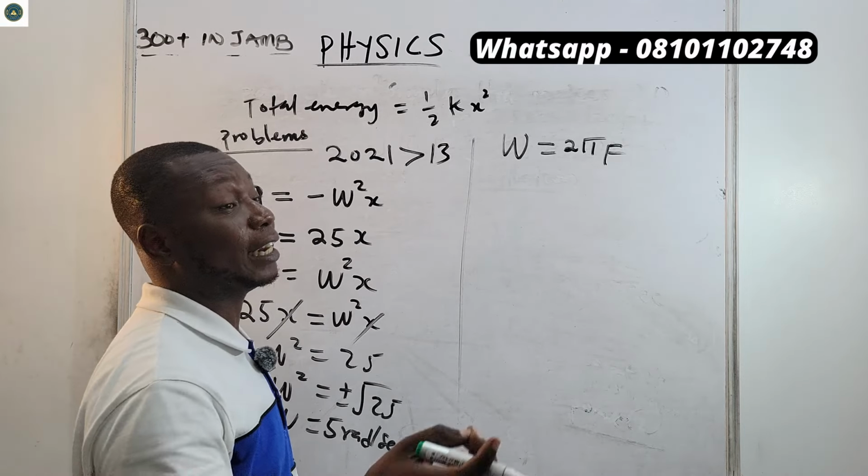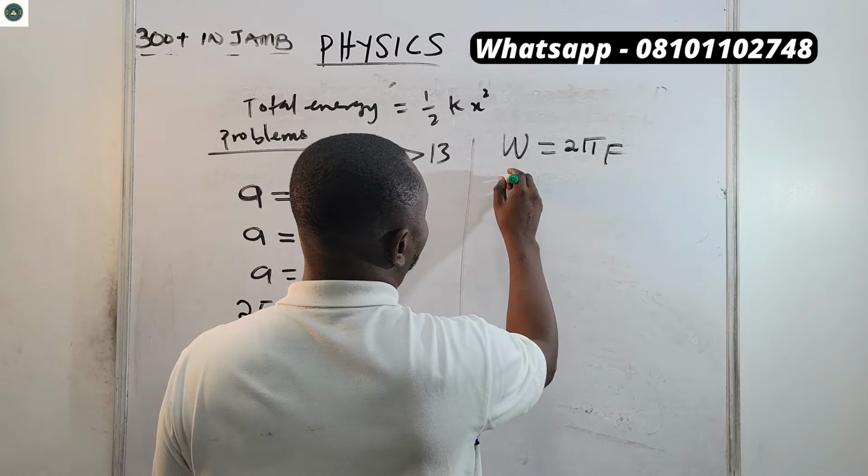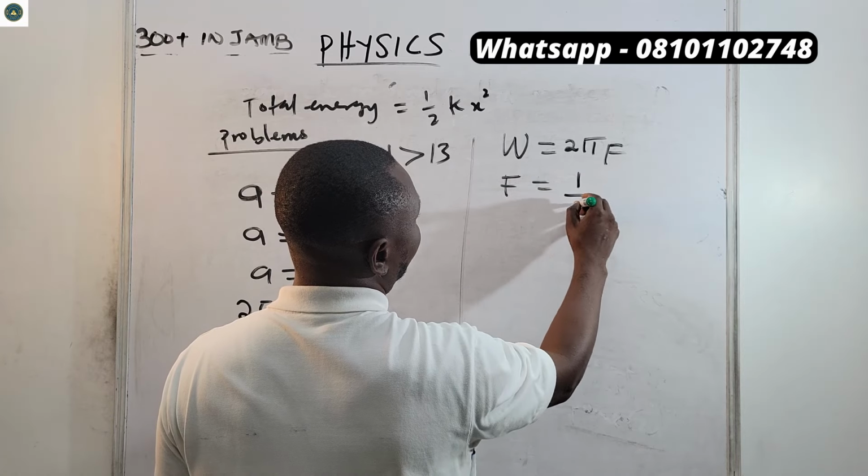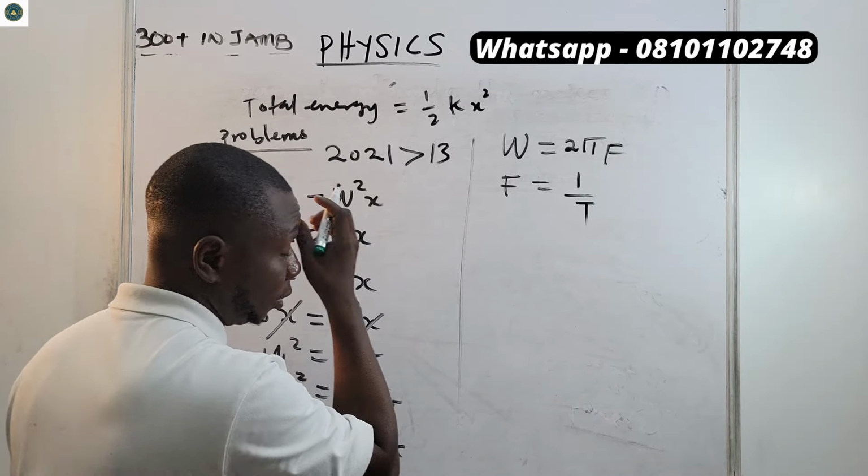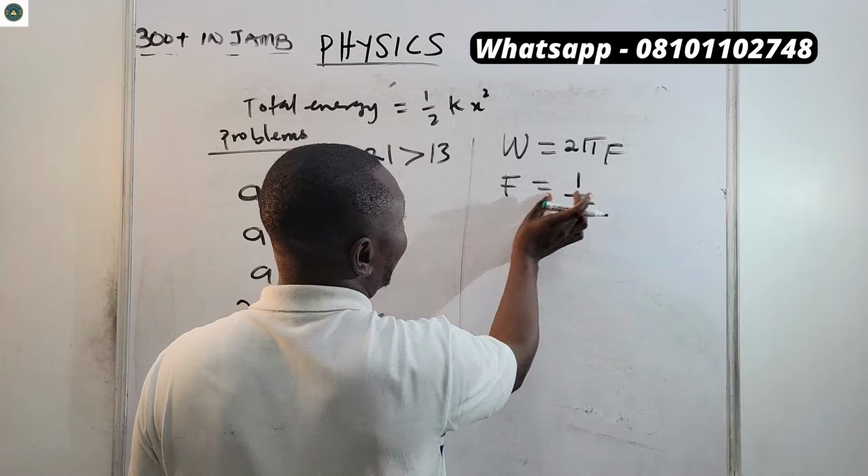We are told to find the period in terms of pi. Frequency is 1 over period, so where I have frequency, I'll have 1 over period.